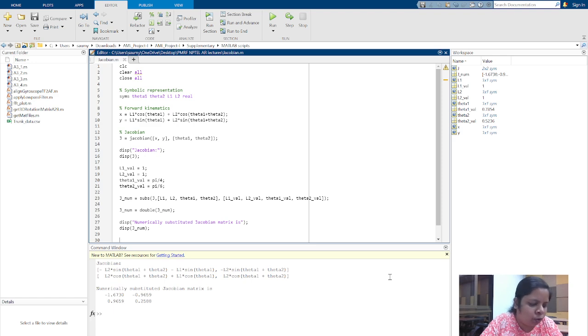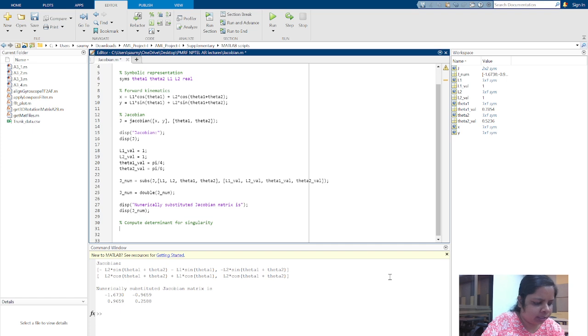Now let's move forward. We want to check the singularity also. You know how you will check the singularity? You'll just take the determinant and check if it is equal to 0 or not. So let's do that. This is going to be: compute determinant for singularity. Can anyone tell me what is the function that is used for getting the determinant?